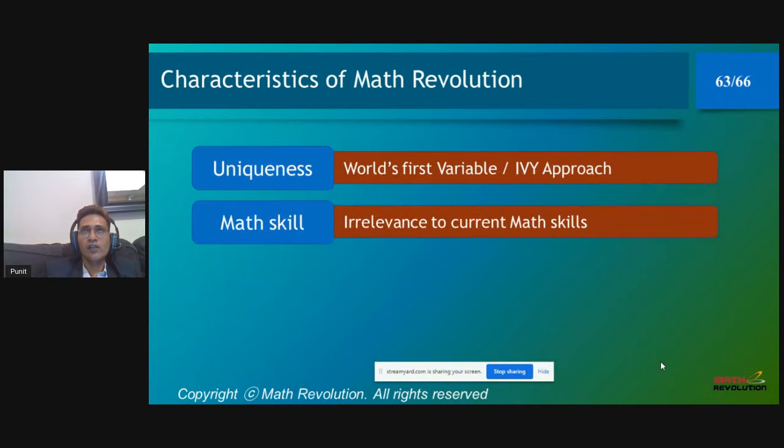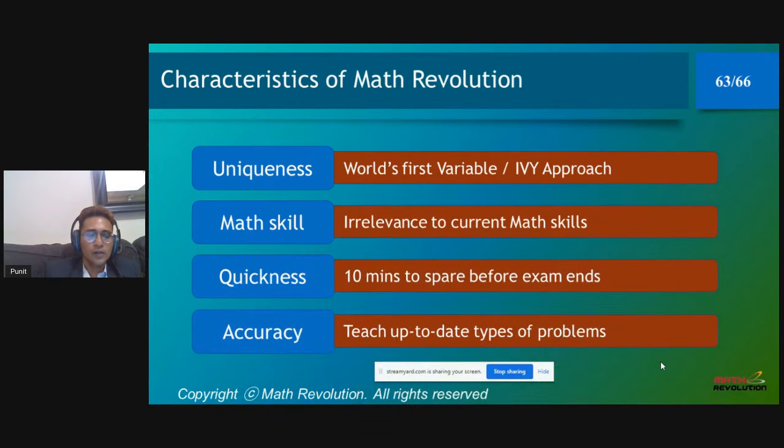The characteristics of the Math Revolution approaches are simple: uniqueness, because they're the world's first IV and variable approach; math skills, even if you're not from a math background, you can easily conquer and master it. But as I said, DS takes time, the variable approach takes time, so you need to be consistently learning those.